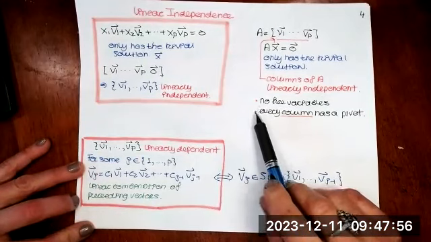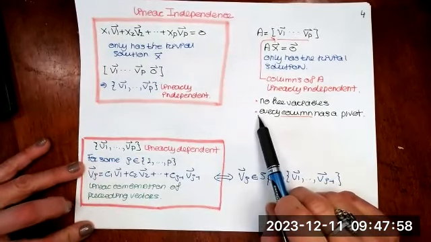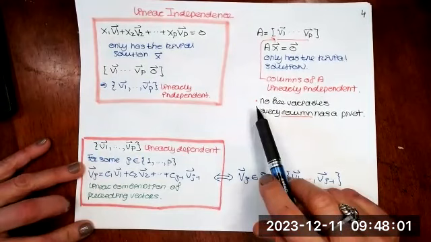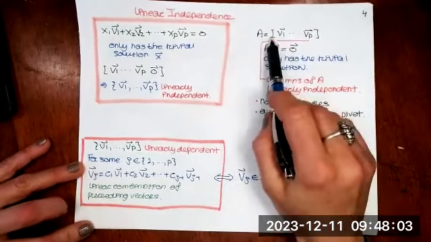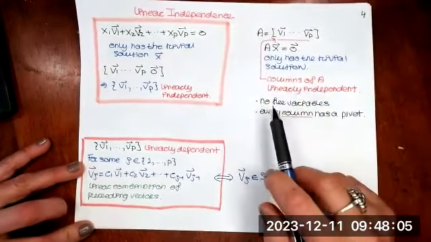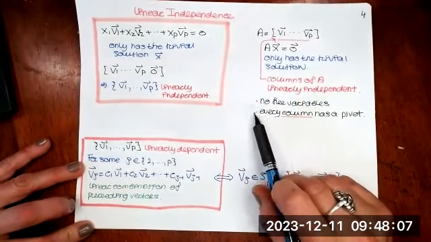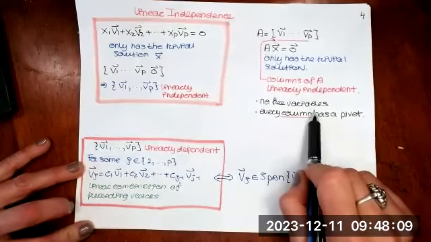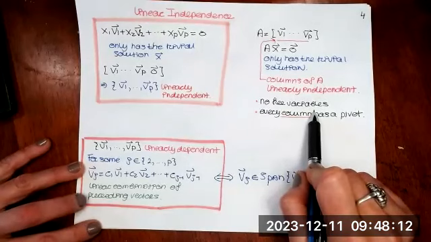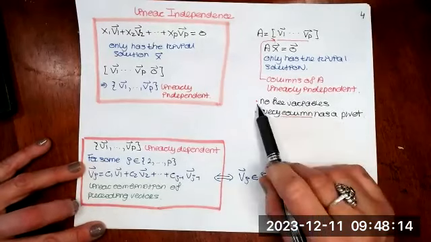Other things to look for when you're trying to show that the set is linearly independent: if you have those vectors as columns in your matrix, you don't want to have any free variables. Why?